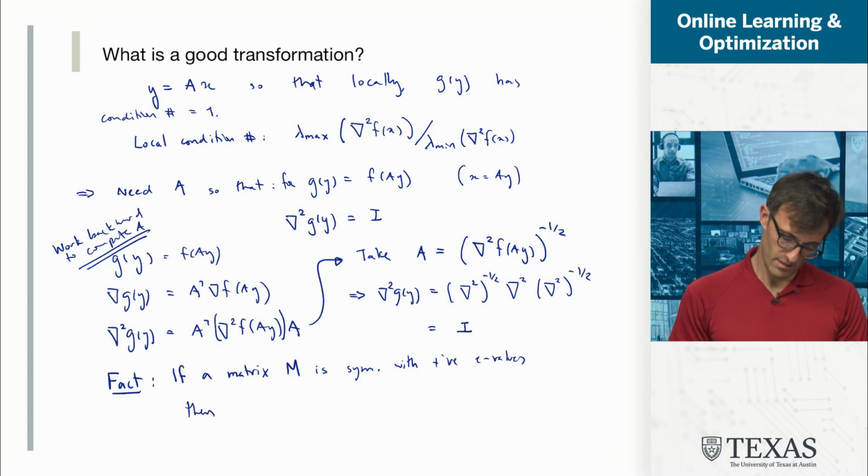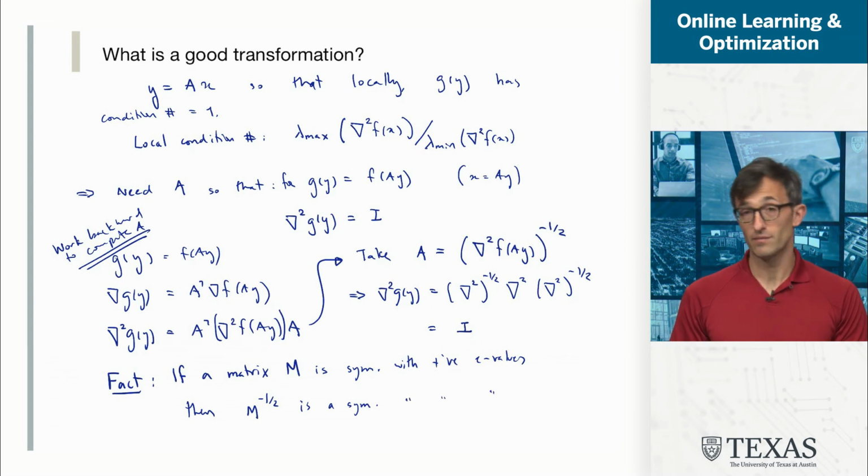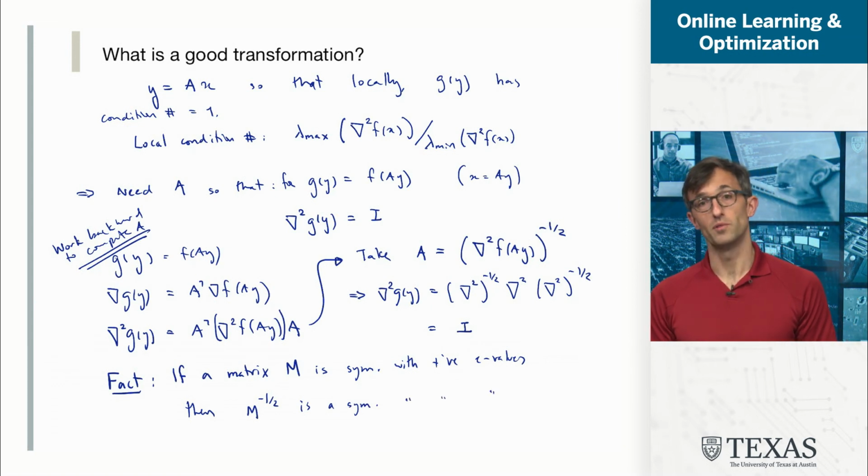Then M to the minus 1/2 is, again, a symmetric matrix with positive eigenvalues, and it is something that we can compute. And computing that takes about as much effort as computing the inverse.